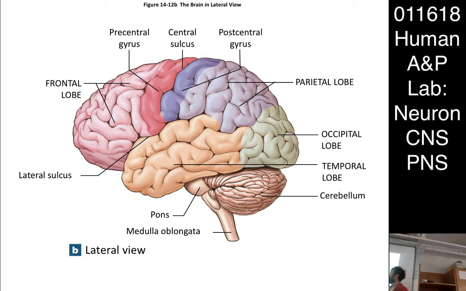Most brains have unique patterns of sulci, although there are patterns, just like your palm has unique patterns of lines, but there are some lines in your palm that everybody more or less has. And the same thing here. Everybody has a lateral sulcus that separates the temporal lobe from the frontal and parietal lobes.